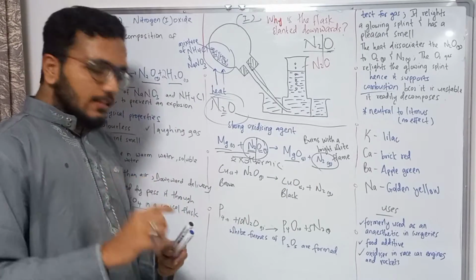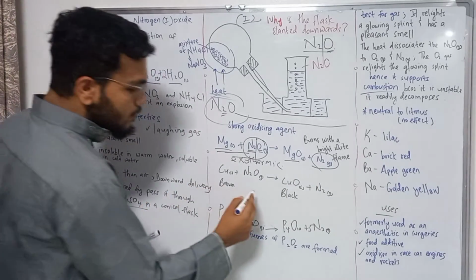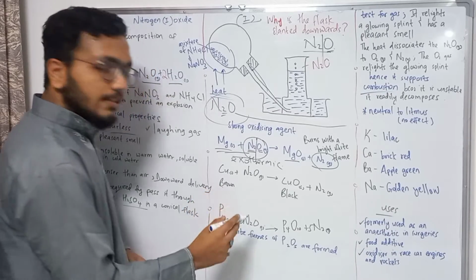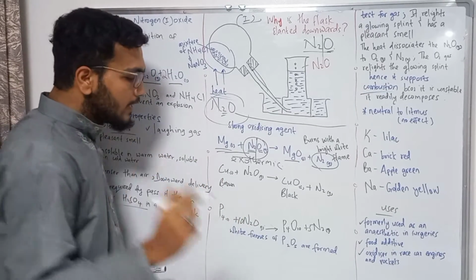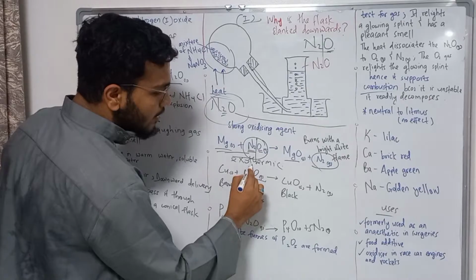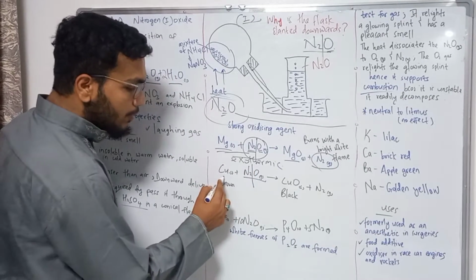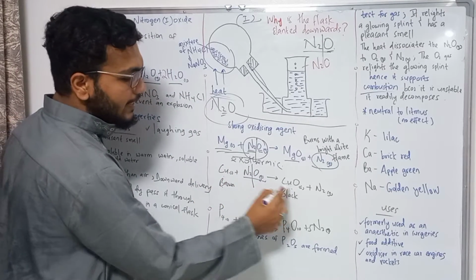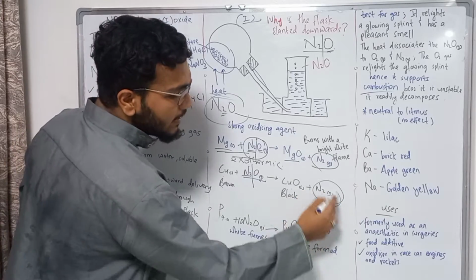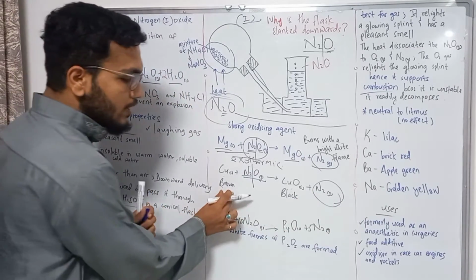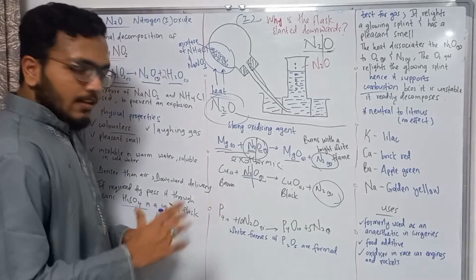Another reaction, when N2O reacts with copper, which is brown. The reaction, also being highly exothermic, breaks down N2O into nitrogen and oxygen. Copper reacts with oxygen to form copper 2 oxide, and nitrogen is given as the byproduct. So the brown solid changes to black. We come to phosphorus.